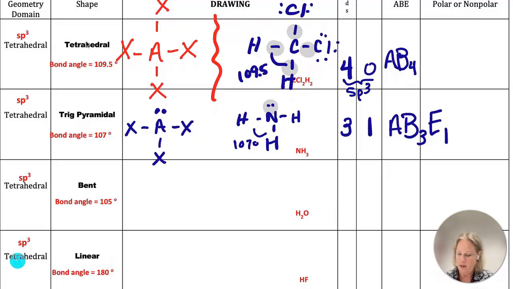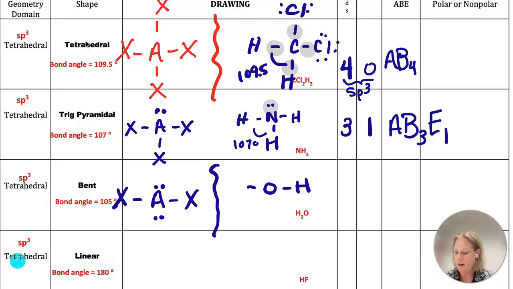Okay, next one is bent. So now we're going to have a central atom, and we'll have 2 elements bonded with 2 lone pairs. An example of this is water. You can try to bend it when you draw it.